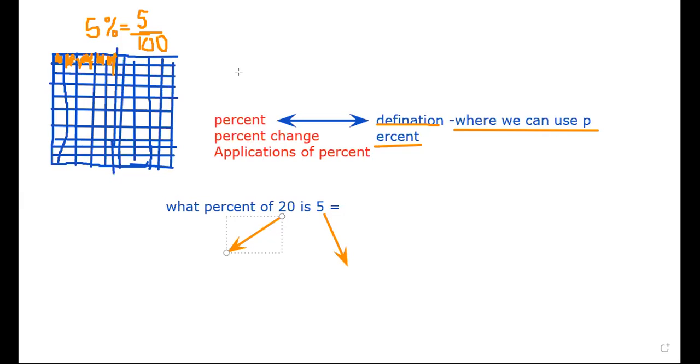I'm going to divide my answer into two parts and put the sign equal between them. We start with "what percent", which means we don't know the percent, so I'm going to put x in the numerator.